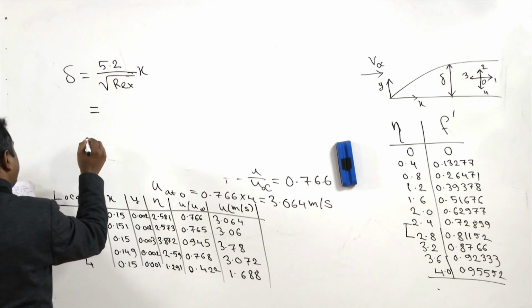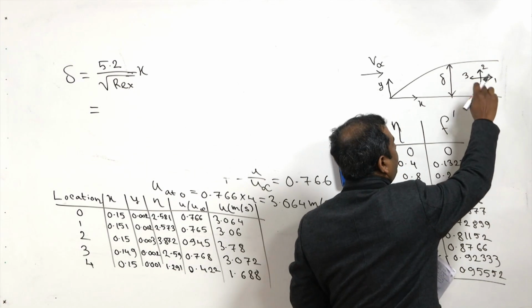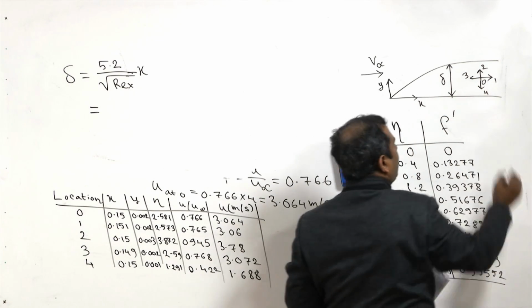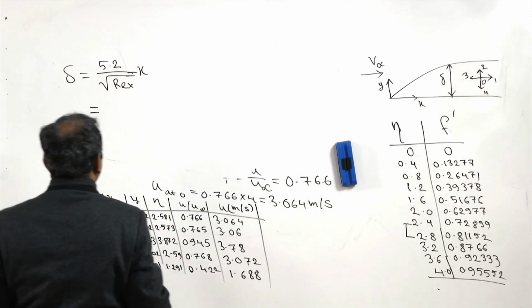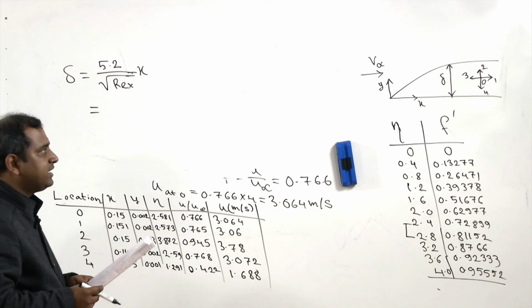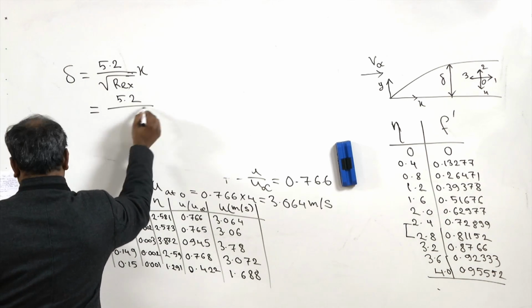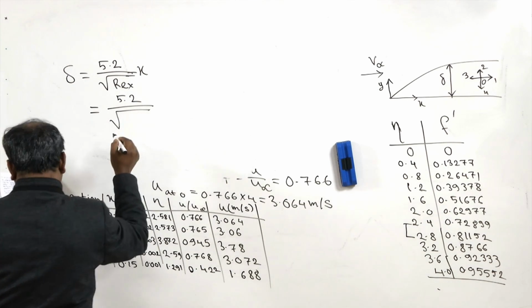So, here you see the boundary layer as it will be growing up. So, maximum boundary layer thickness will be somewhere at 1. Okay. So, let me put the value of x at 1 to get the maximum boundary layer thickness. So, you can find out this is nothing but 5.2 divided by root over of Rex.